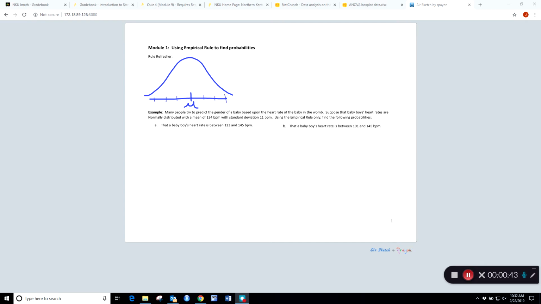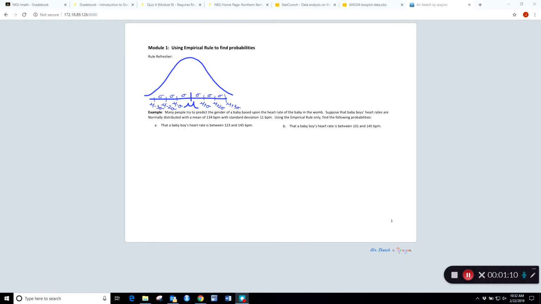Each of these distances between each spot is whatever our population standard deviation happens to be. So this spot will be mu minus sigma, this will be mu minus 2 sigma, and this will be mu minus 3 sigma. In the other direction, we're just adding the standard deviation up to 3 times as well.